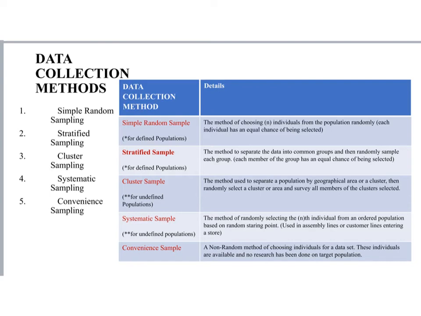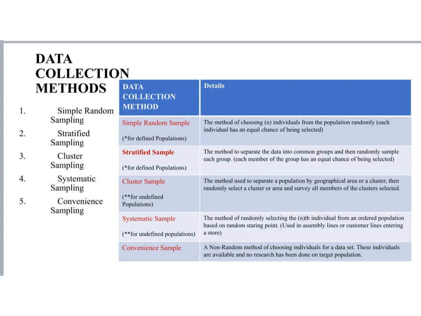For undefined populations where we don't know every individual in the population, we can use something called cluster sampling. The method is used to separate a population by geographical area or by a cluster, and then randomly select a cluster or area and survey all members of the cluster selected. Systematic sampling is also used for undefined populations, populations where we don't know every individual or unit in the population.